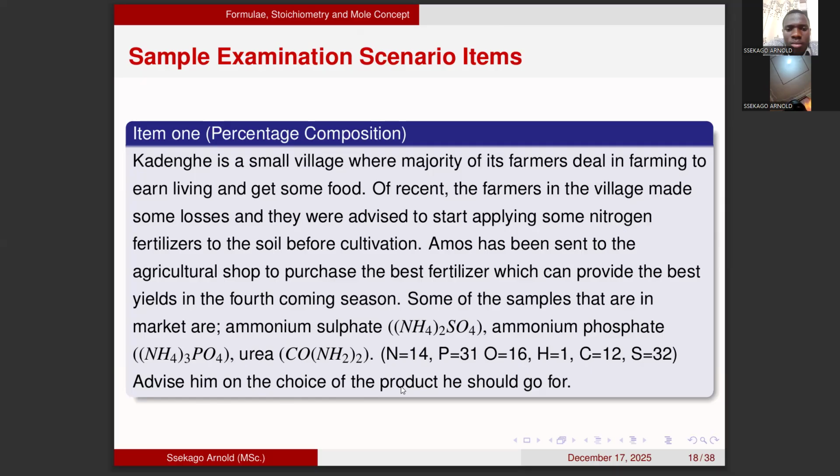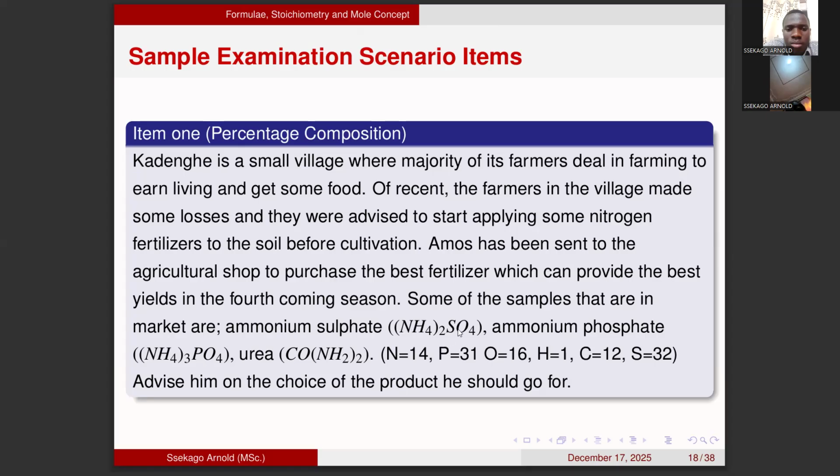The challenge posed by this item is that farmers are getting losses due to soil lacking, due to deficiency of nitrogen in the soil. So to recommend the best choice, we are supposed to determine the percentage composition of nitrogen in each of these 3 fertilizers. You very well see here that the item is on percentage composition.